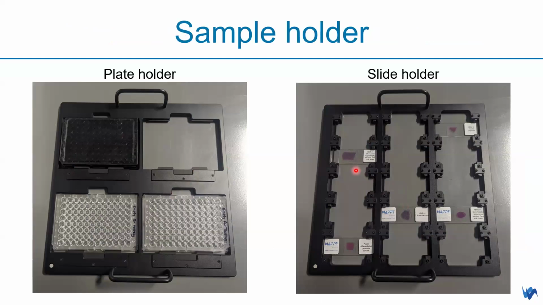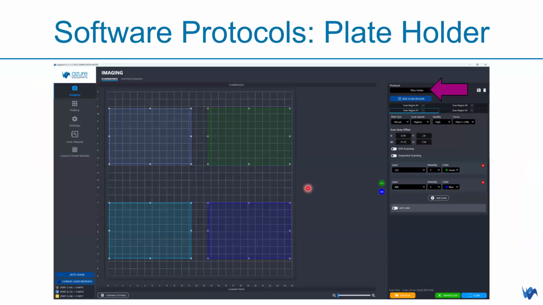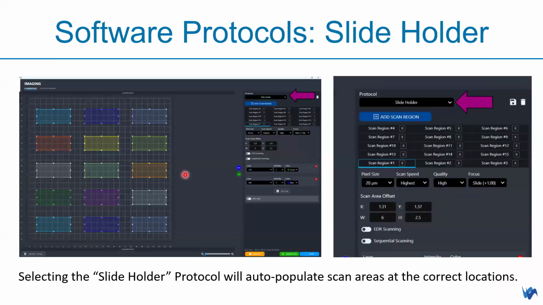We also have accessories such as sample holders, like a plate holder and a slide holder. So you can put your plates or slides inside, and what it does is you can select it from the preset protocol, where it will automatically select an area for you, without you doing it manually. So this is one of the accessories that is paired with the capture software in Sapphire FL. So let's say selecting a slide holder protocol will auto-populate the scan areas at the correct locations.